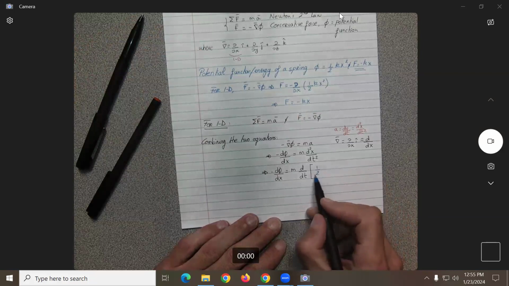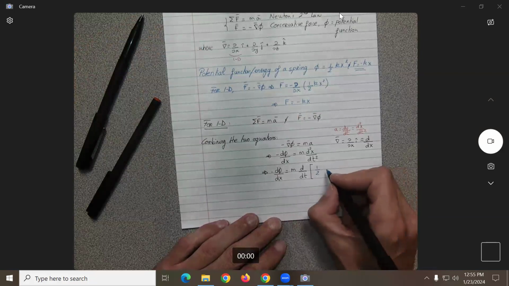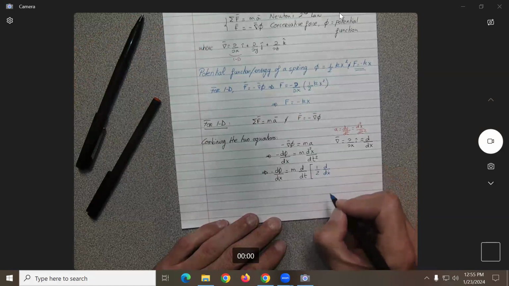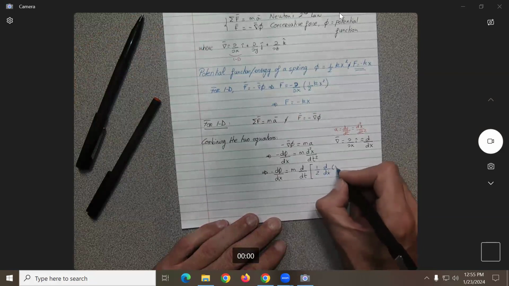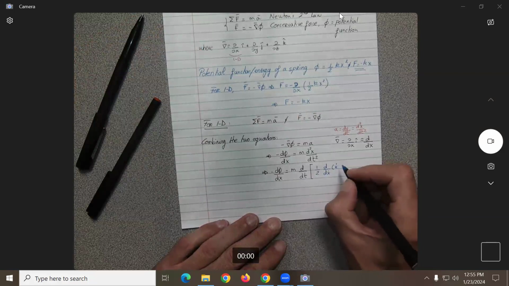So we have 1/2 M, and now I can say this one will be d/dx dot of x dot squared.